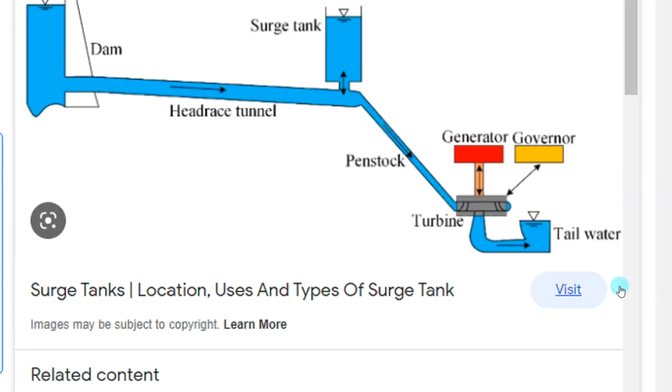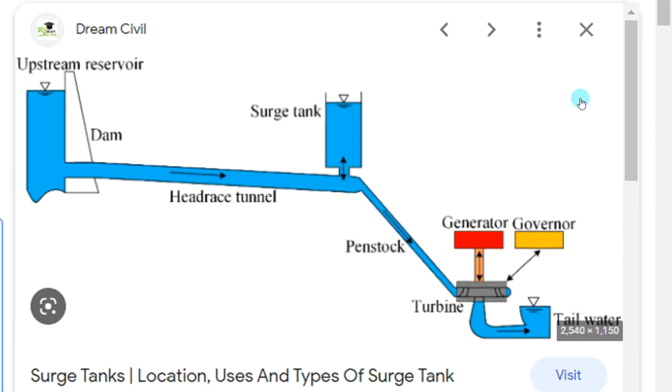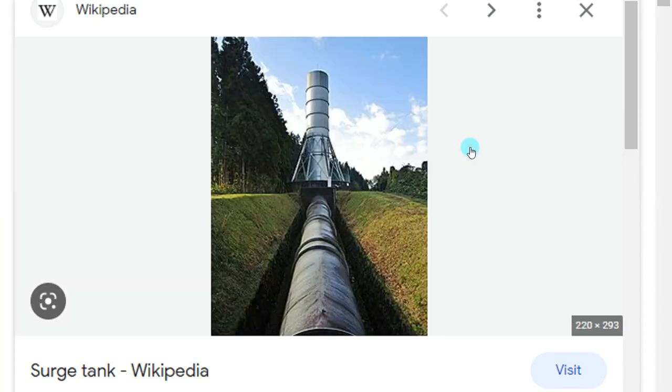And this is the water table of the surge tank. So this is what the surge tank is all about. This is a surge tank, and you can see this is the tunnel which we are talking about.